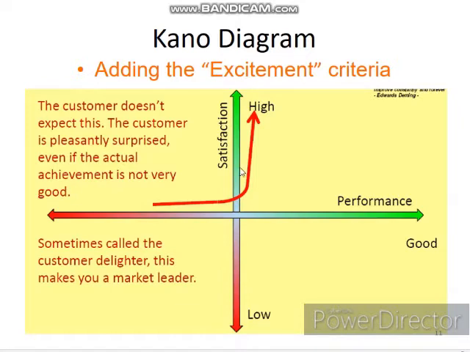So you have to be a leader in the market. Then basically you need to identify this excitement criteria, the excitement feature. For example, in Malaysia, in Perodua's Myvi, right? You're talking about a car with a price range of 50,000 ringgit Malaysia.